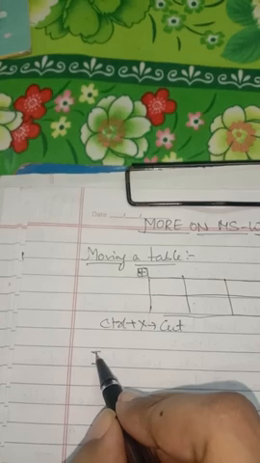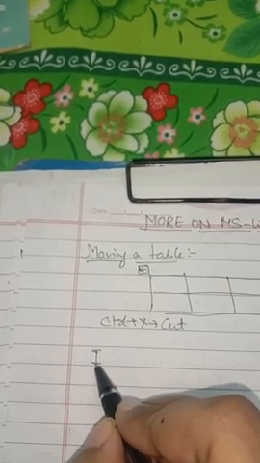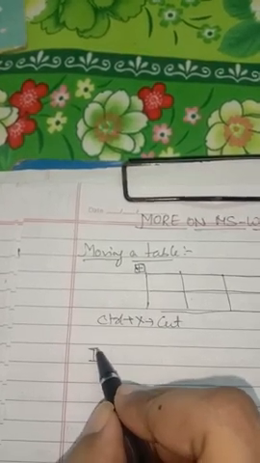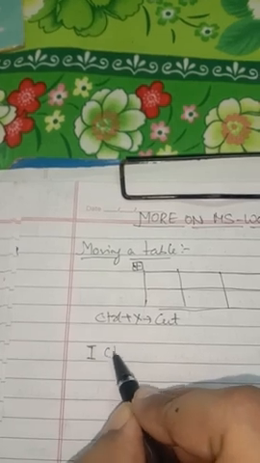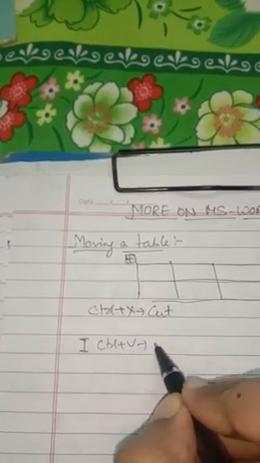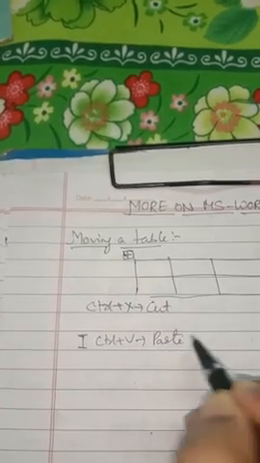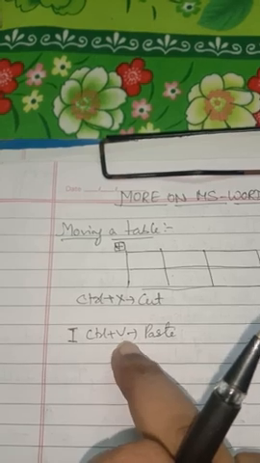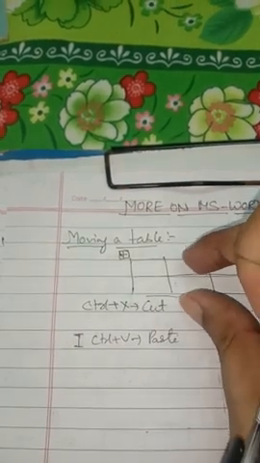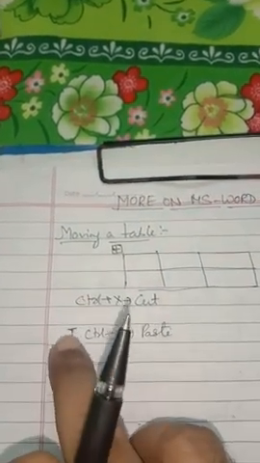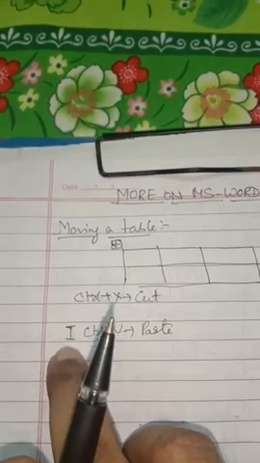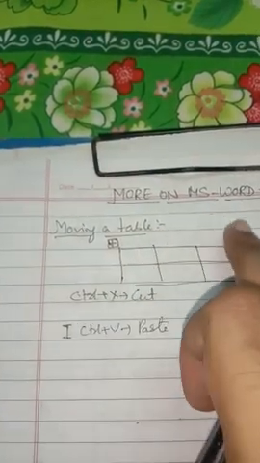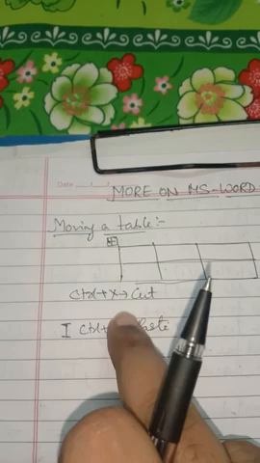As soon as you left click over here, the cursor will appear. Now press Control plus V. This is the shortcut option for paste. As soon as you click on the paste option or Control plus V, the table will move from this location to the place where the cursor is. So in this way we can move the table from one location to another.